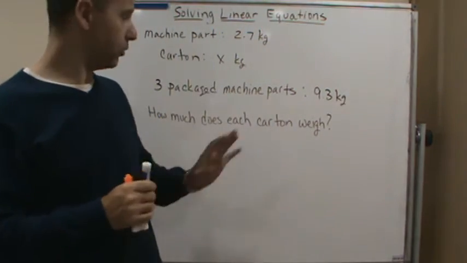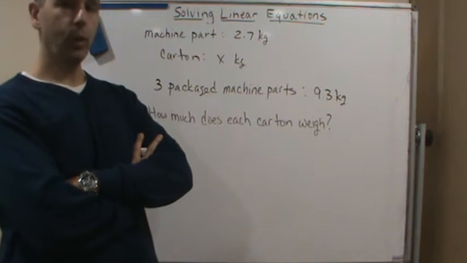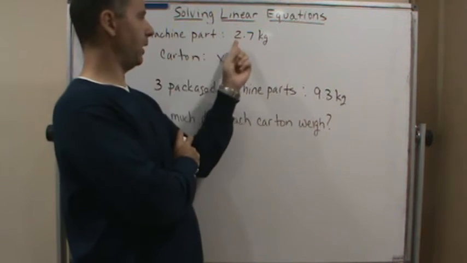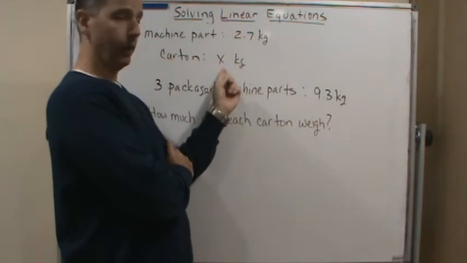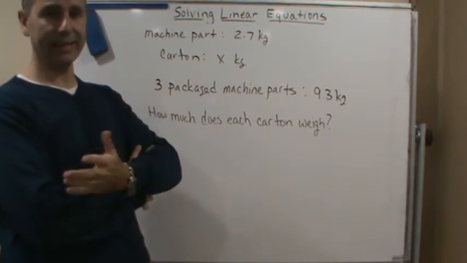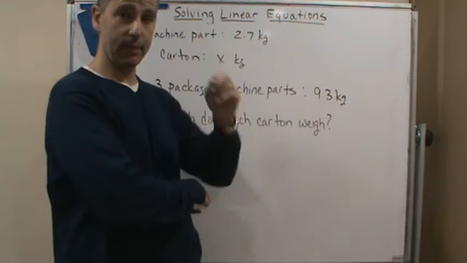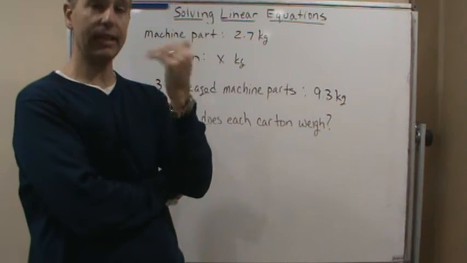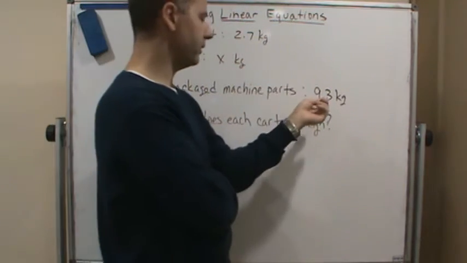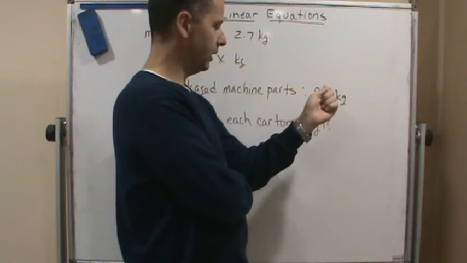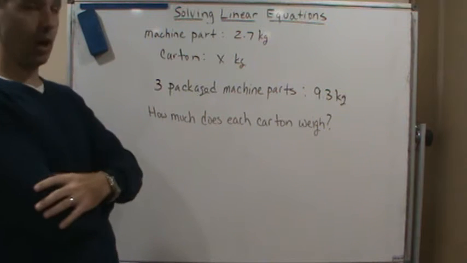I'm not going to draw pictures, but think about this. We've got machine parts, and each machine part weighs 2.7 kilograms. We don't know how much each carton weighs, so we're just saying it weighs X kilograms. Now if you have 3 packaged machine parts, that means each part is packaged in its own carton, and the total weight of those 3 packaged machine parts is 9.3 kilograms. How much does each carton weigh?